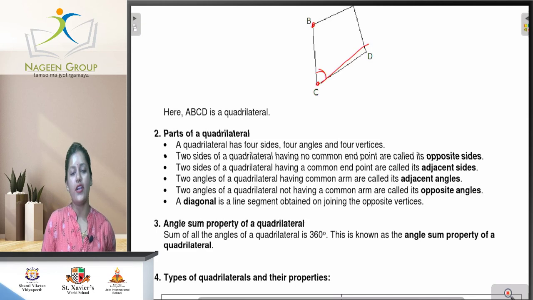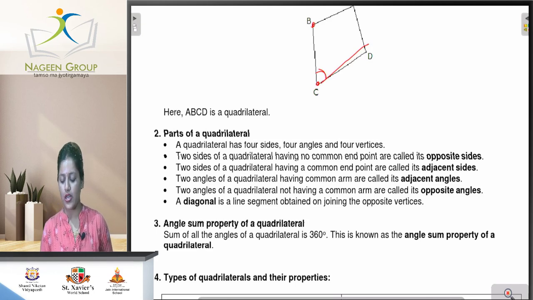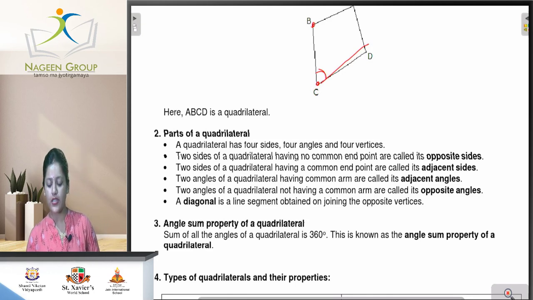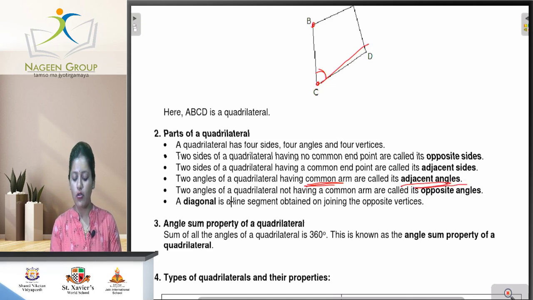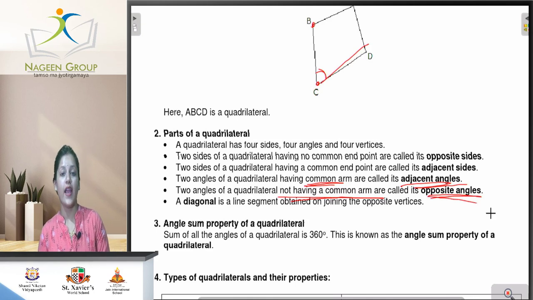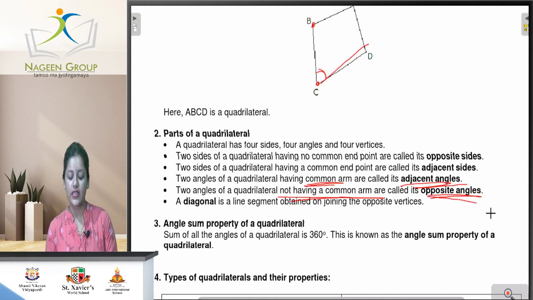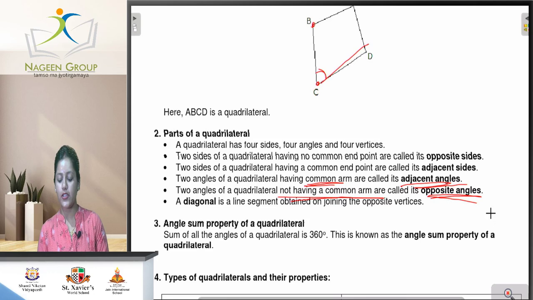Two sides having a common endpoint are called adjacent sides. Two angles of a quadrilateral having a common arm are called adjacent angles. Two angles not having a common arm are called opposite angles. A diagonal is a line segment obtained by joining opposite vertices.